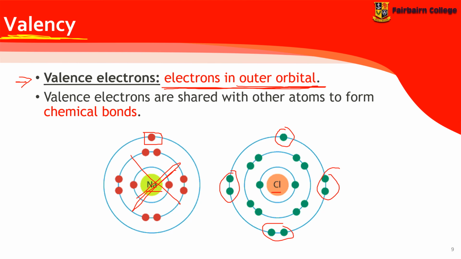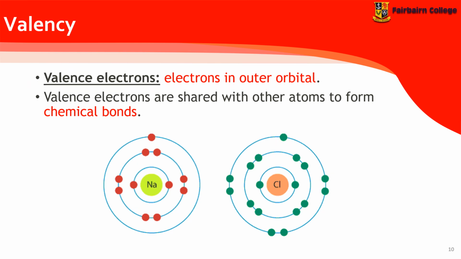And I told you that will be important for later on. Now is later on. So the group number tells us the number of valence electrons. So we can say valence electrons is equal to the group number. If you remember this, it will make your life a lot easier later on when you do the activities.